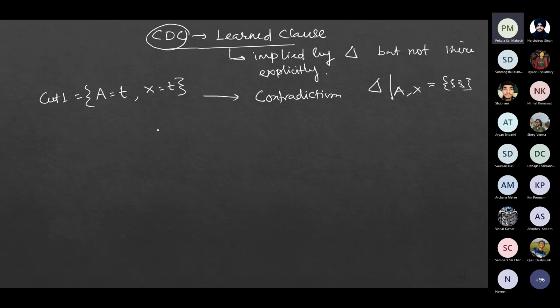Now, if we apply a reverse logic, how will this look? This looks like this: A equal to true and X equal to true. So this will give us a contradiction. What does that mean? If we take a negation of this, it should be implied by delta.